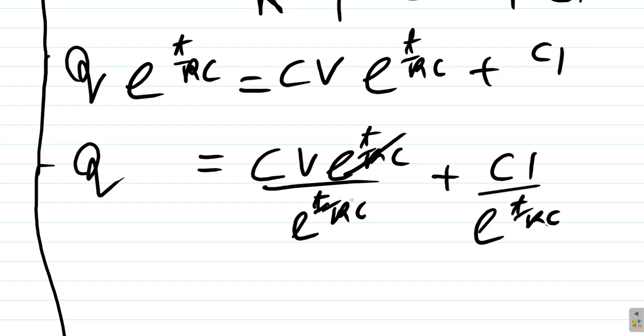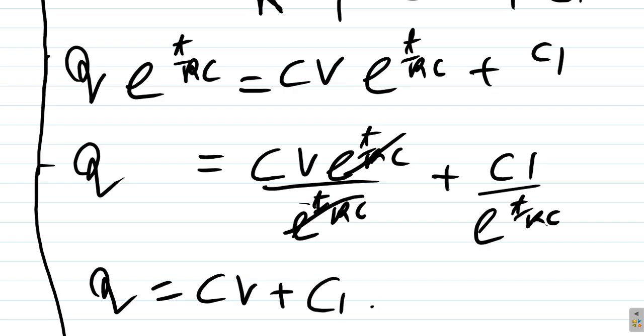Well, e to the t over RC cancels e to the t over RC here. So q is equal to CV plus, well, when you have C1 over e to a power, it's like C1 multiplied by e to the negative power. Remember your laws of indices. So it's C1 e to the negative t over RC.